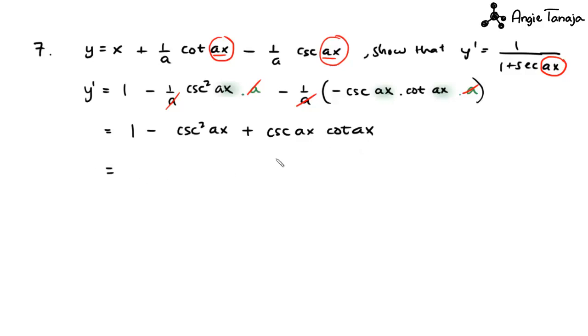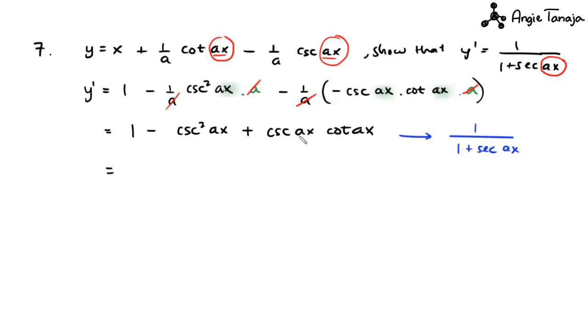And then from here, perhaps we're done, but we don't have the same form. So let's take a look at the form. In this case, we always set this as our guidance. This is our goal. We have to go to this goal and try to make it have the same form. Now what we have in the goal is the form of a fraction.